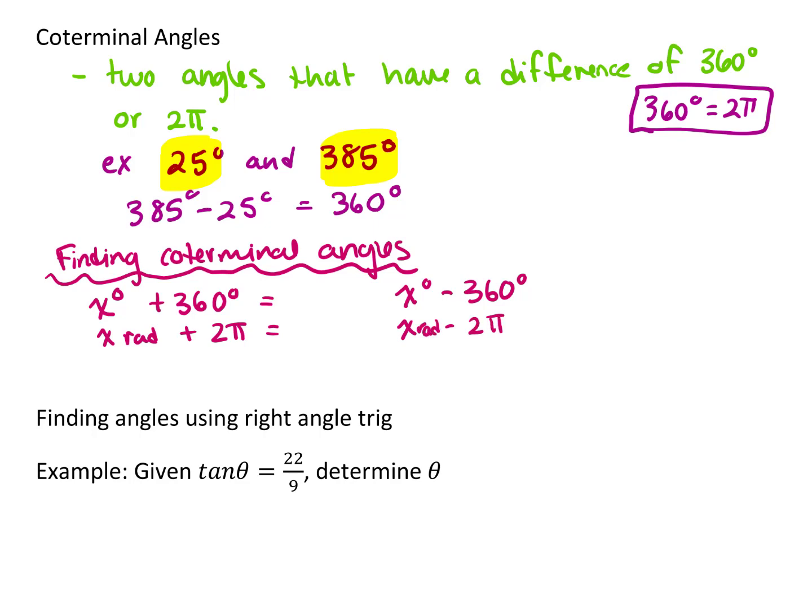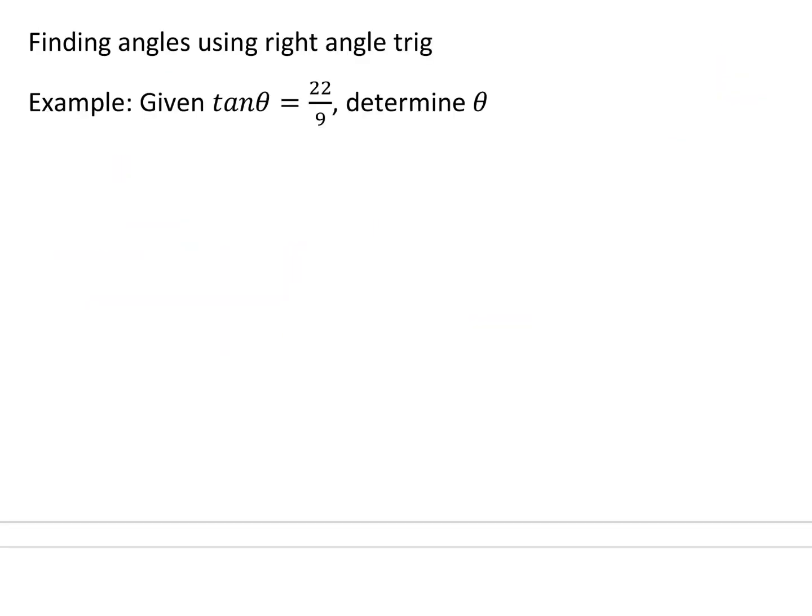You're going to need to know how to find angles given a right angle triangle and ratios. So here's an example. Given tan theta is equal to 22 over 9, determine theta. So I'm going to draw my right angle triangle. I'm going to choose where I want theta to be.